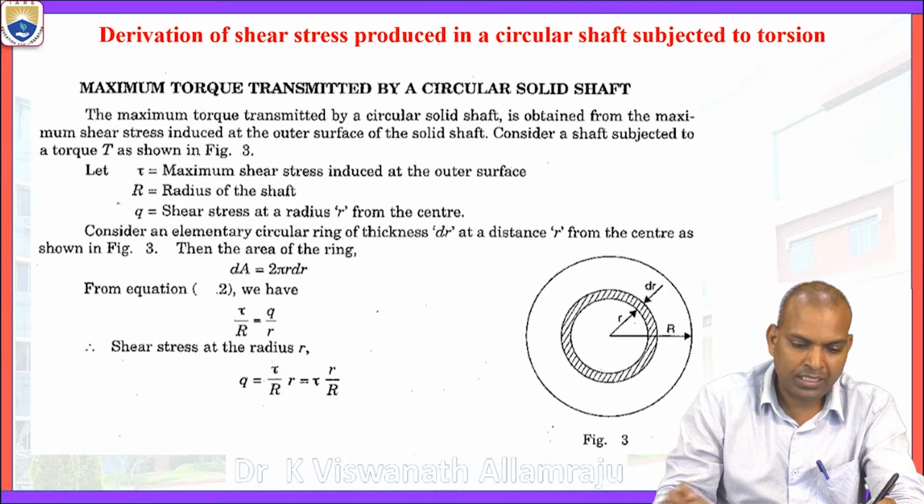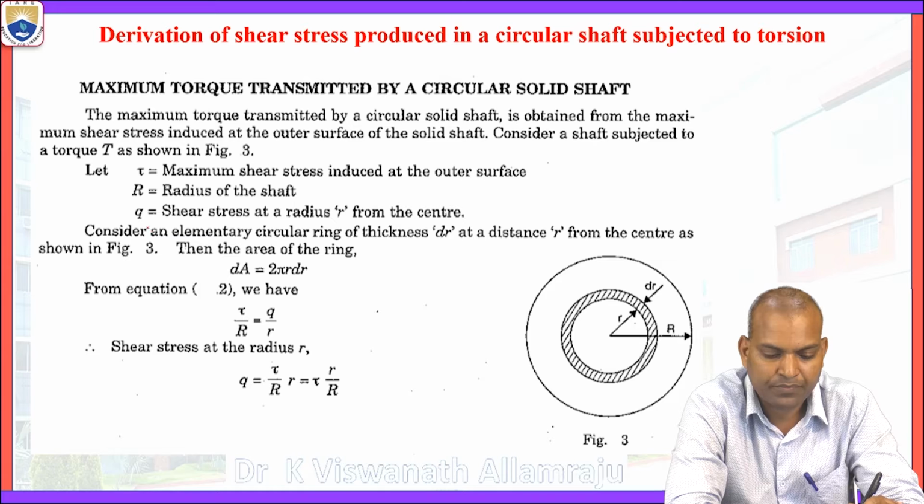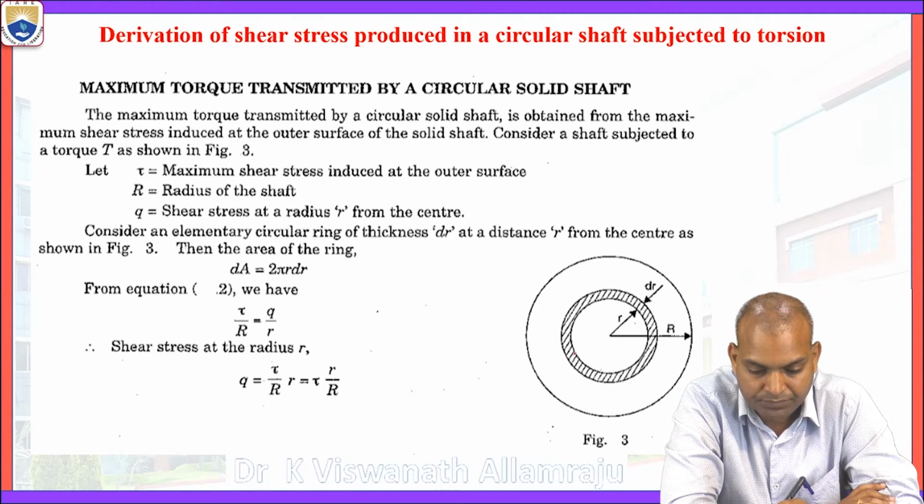And one more thing here: what is the maximum torque transmitted by a circular shaft? In figure 3, the maximum torque is considered when small r becomes capital R, that means on the circumference of the circular cross section. The maximum shear stress is induced at the outer surface of the shaft, and it is 0 at the center.